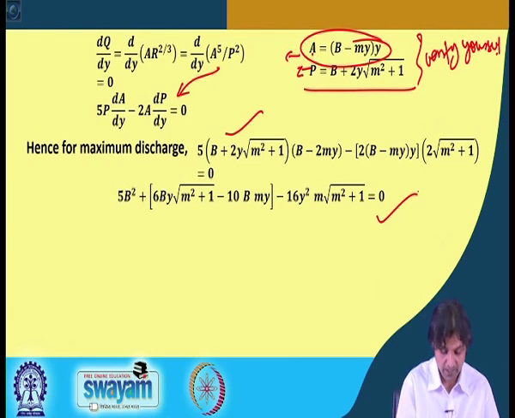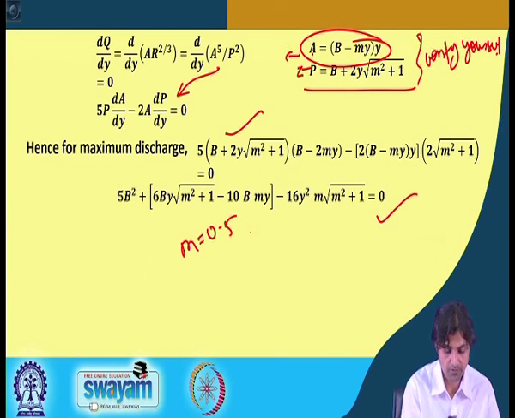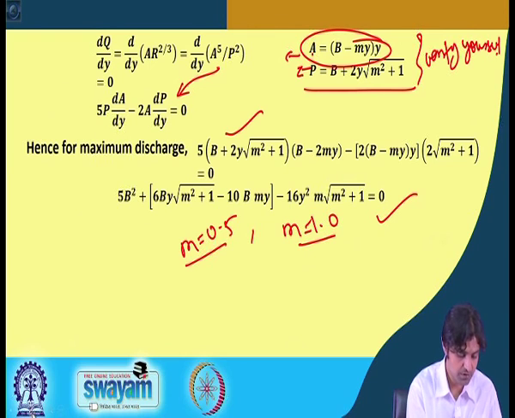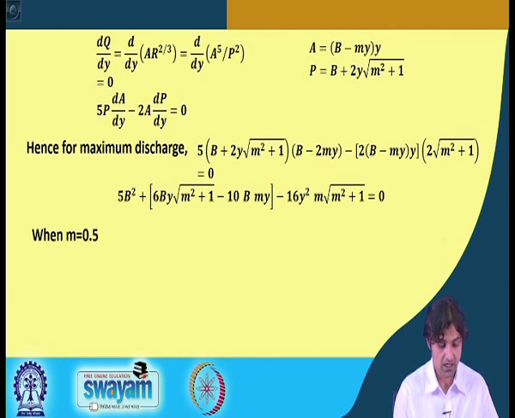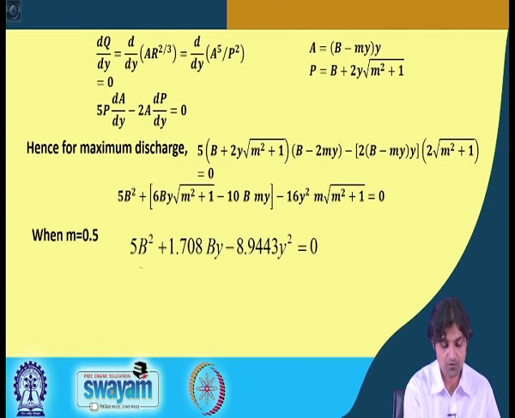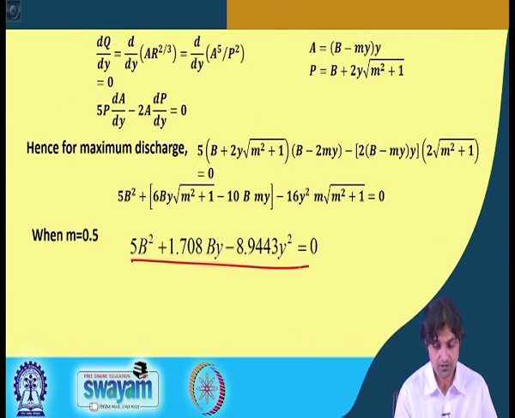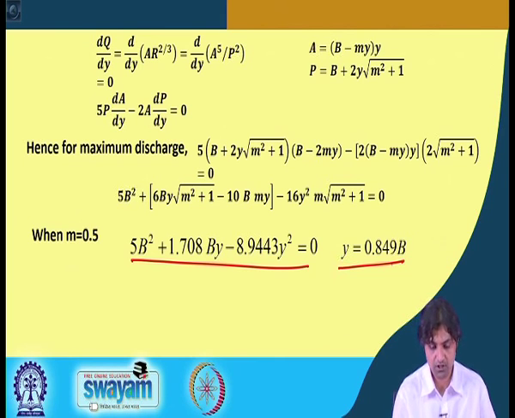if you put in this equation the value of n as 0.015 and m as 1, you can see for yourself that this will turn out to be an equation like this, 5b square plus 1 point, very complex, but yeah, and if you solve, y is equal to 0.849b, alright. So, it is a quadratic, so not so complex actually, but it can be complex.